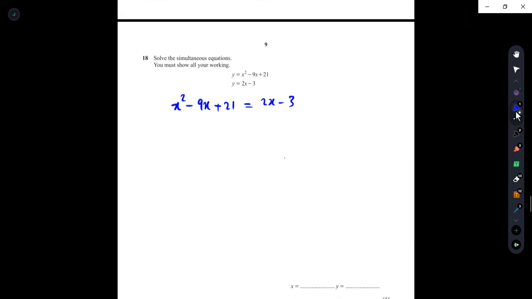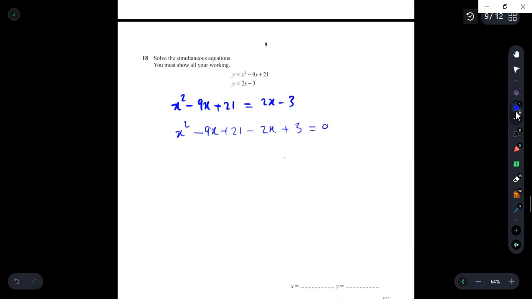So bringing both of these terms to the left, x squared minus 9x and 2x are like terms, and 21 and 3 are like terms. So it simplifies to minus 9 minus 2, minus 11. And 21 plus 3 is 24.